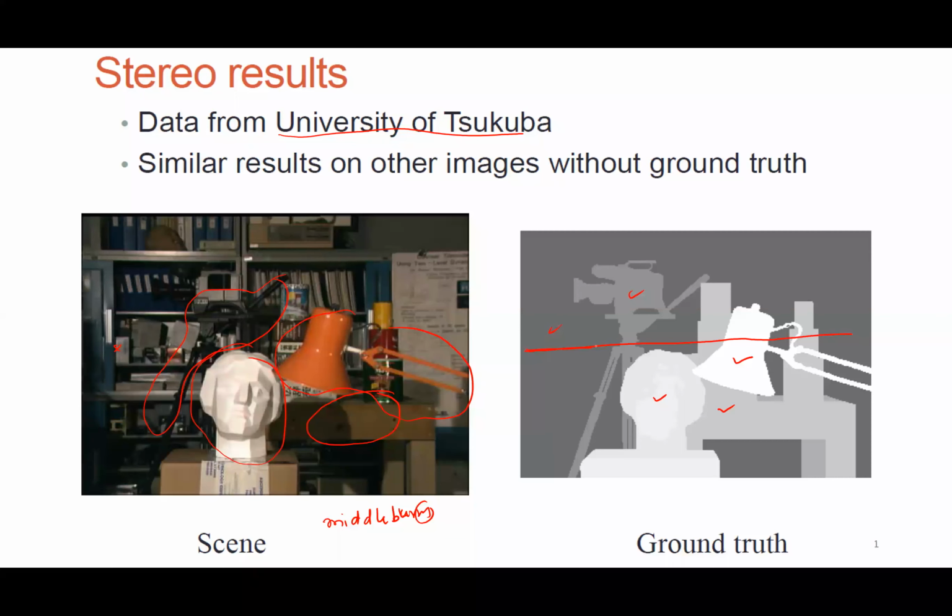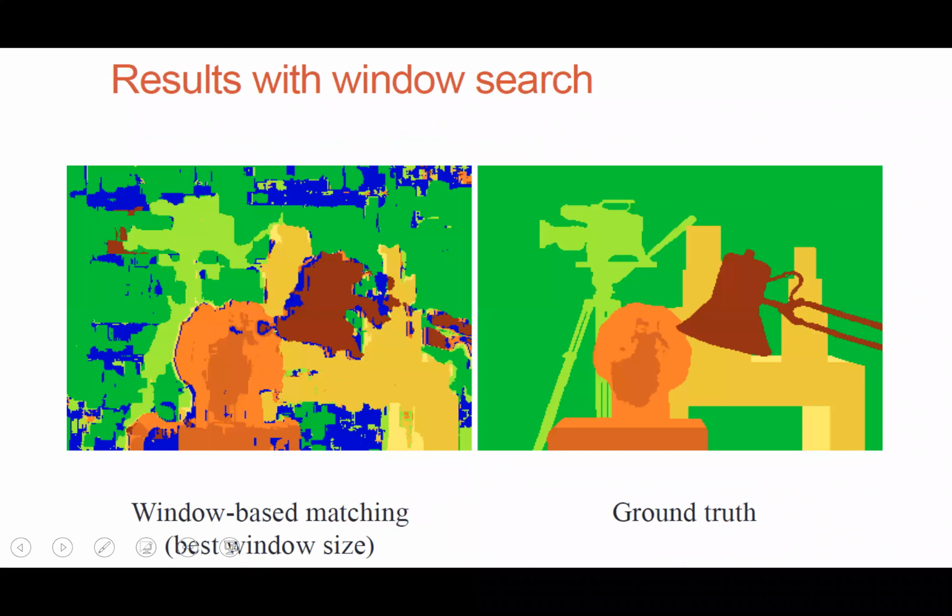Then you take a patch around this pixel, and you slide this patch across the row, and for each sliding patch you compute the NCC with this window, and you take as the mapping pixel the one for which you found the highest normalized cross correlation. Then you compute the difference between those two, and that gives you the disparity. If you do it, this is the result you will get.